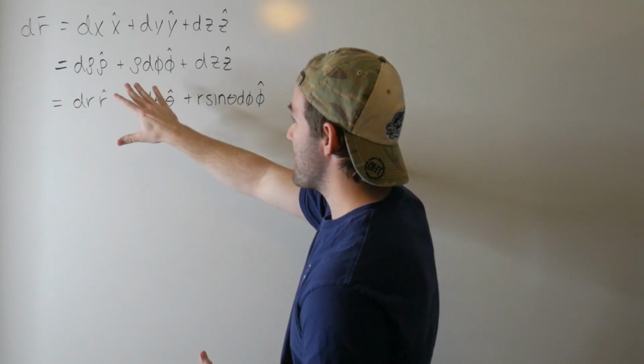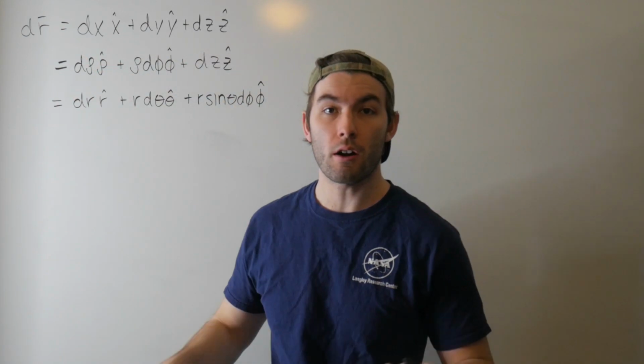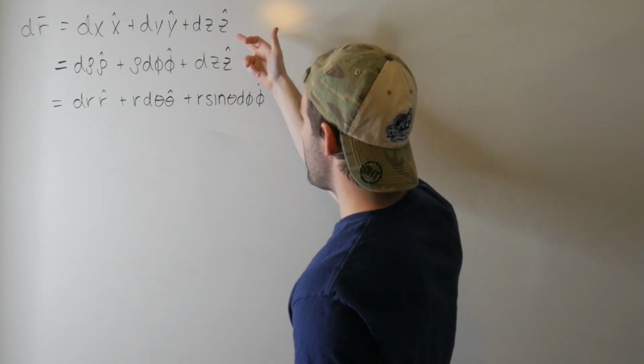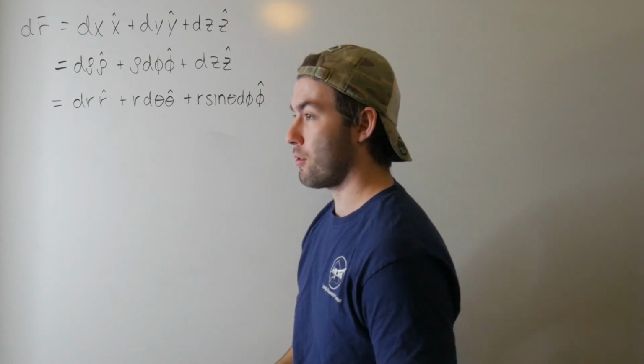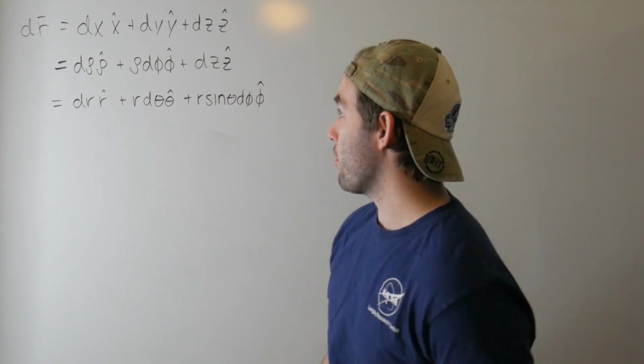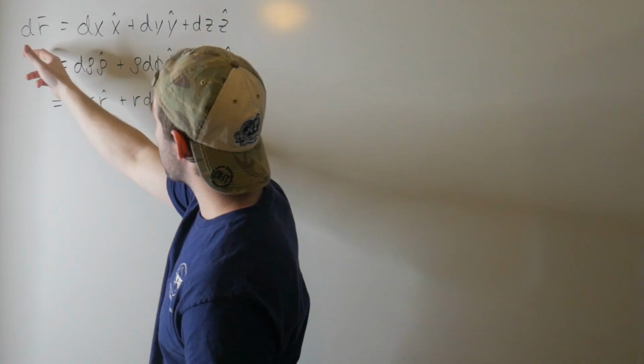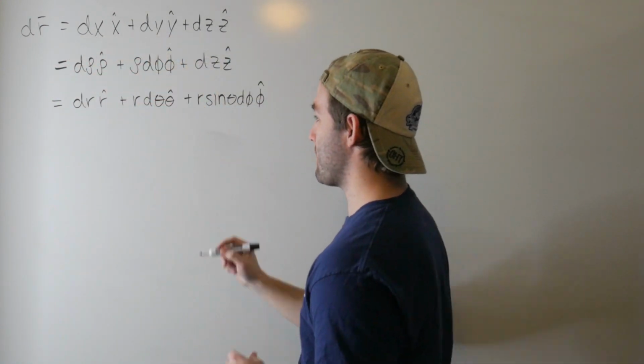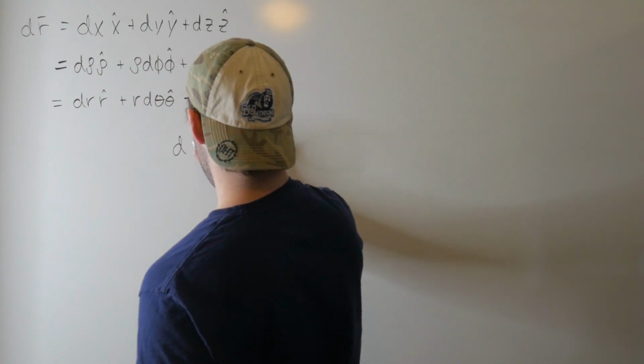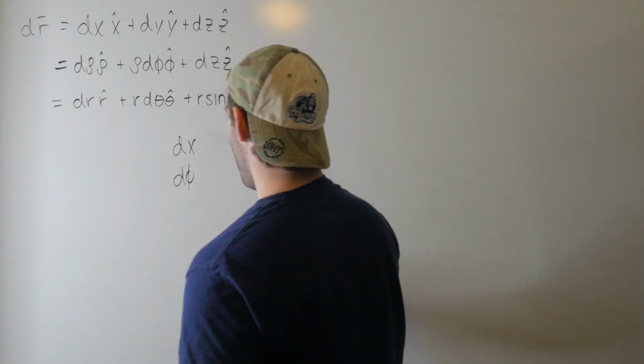What I have up here is the displacement vector dr in three different coordinate systems: Cartesian, cylindrical, and spherical. This is something you know and love from multivariable calculus. And this displacement vector is in terms of these coordinate displacements, so our dx's and our dphi's and so on.